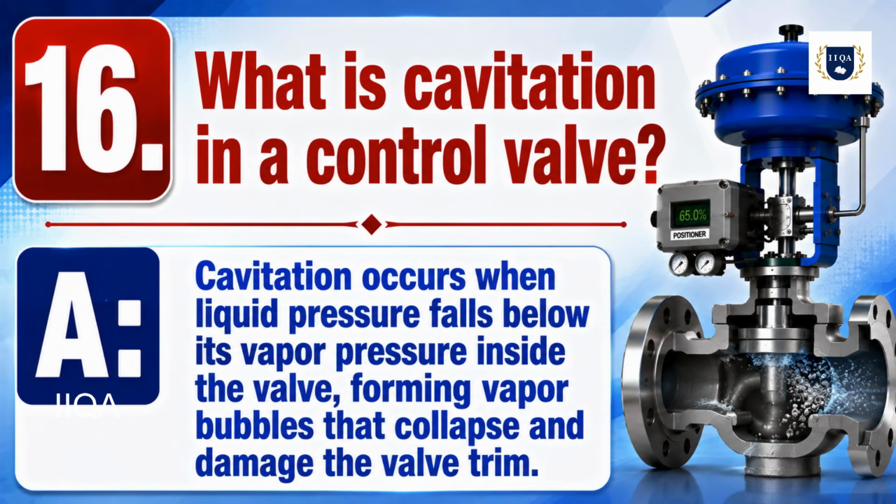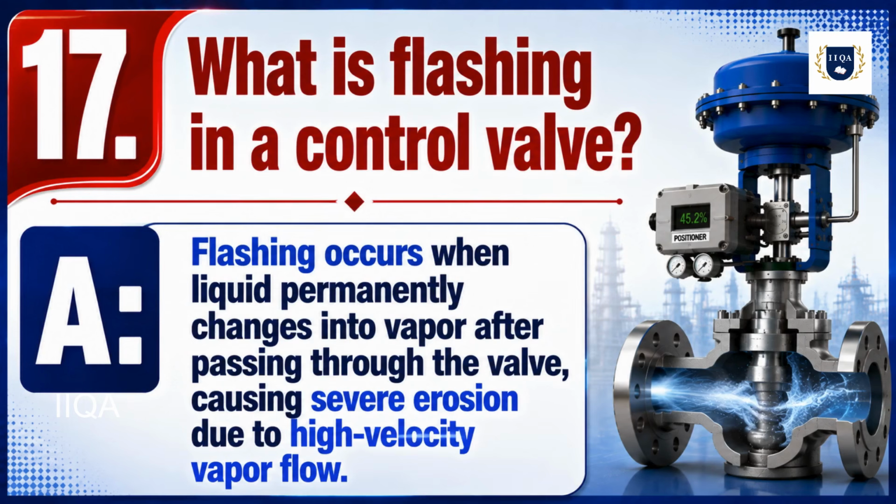16. What is cavitation in a control valve? Cavitation occurs when liquid pressure falls below its vapor pressure inside the valve, forming vapor bubbles that collapse and damage the valve trim. 17. What is flashing in a control valve?